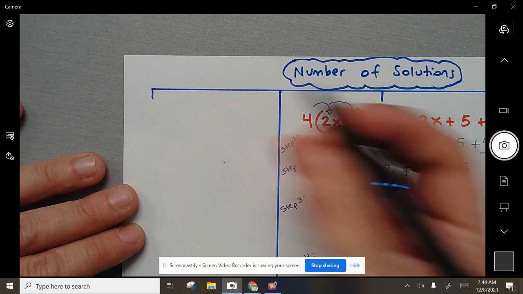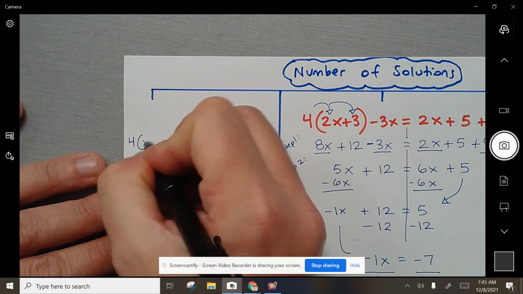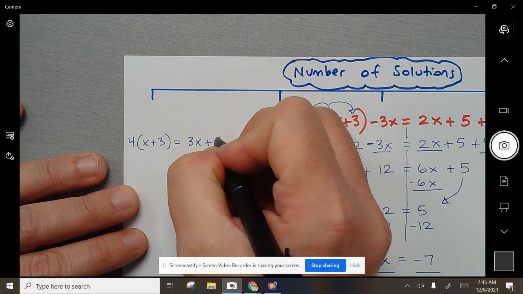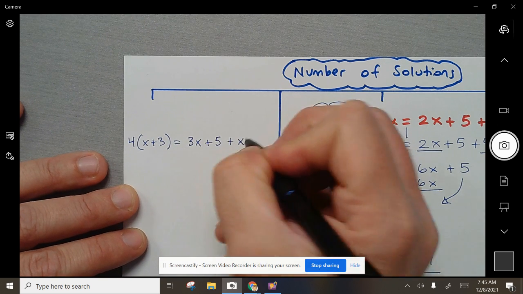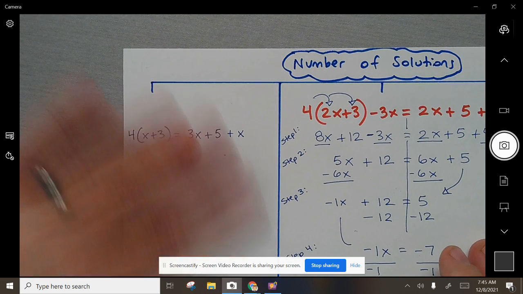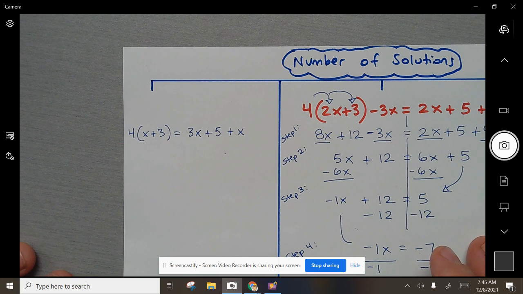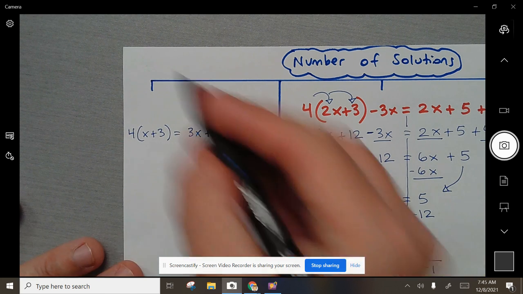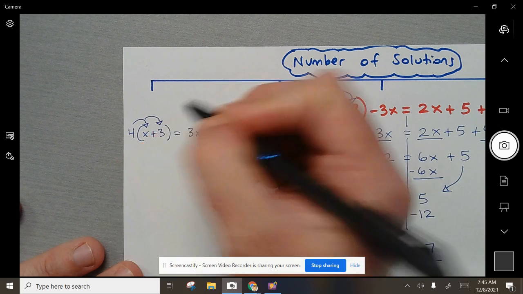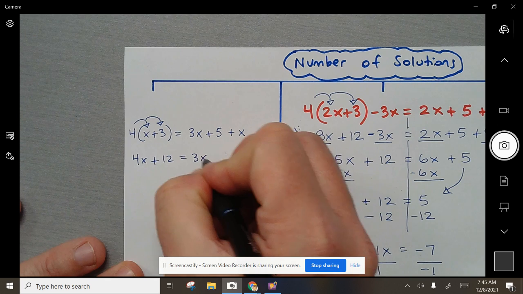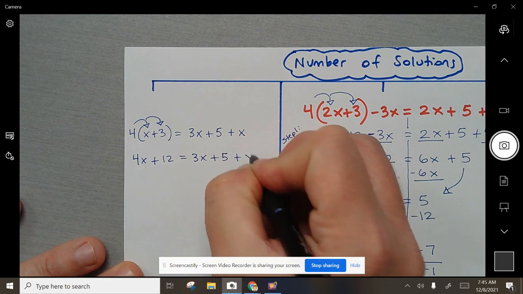Up here, I'm going to go ahead and put this problem. Now, go ahead and try this problem out for me and try to get an answer. All right, push pause. Now, as you deal with this, you're going to get 4x plus 12 equals 3x plus 5 plus x.